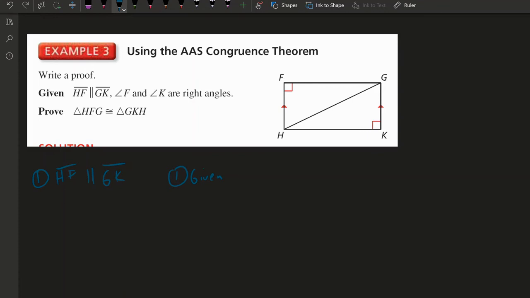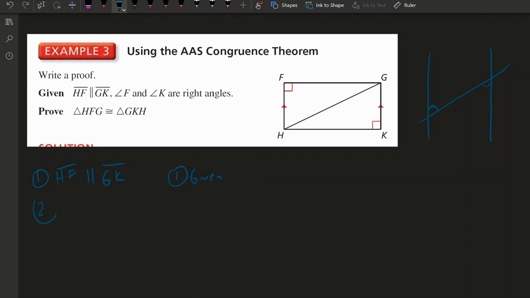Okay, so again, if I've got parallel lines, I should start thinking about all of my different parallel line vocabulary. So I should look at these two parallel lines, and then there's the transversal. And I see here's angle FHG, and here's angle HGK. Those would be my alternate interior angles there.